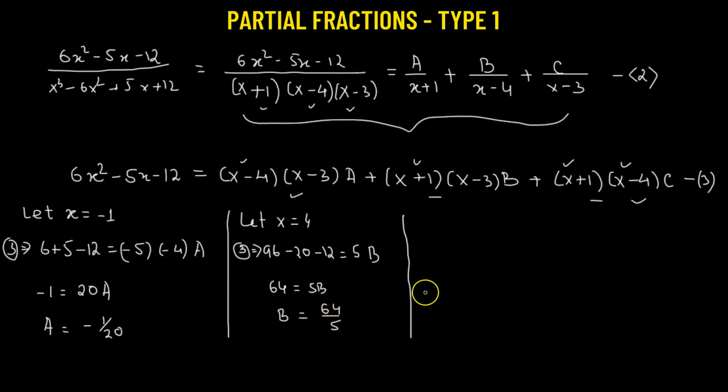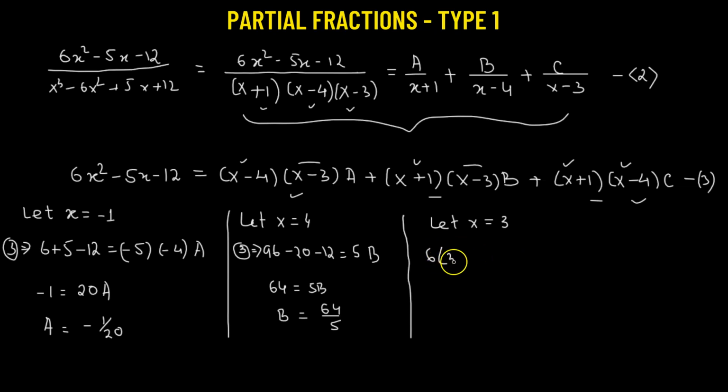Now coming to the third part, we're going to choose the value of x in such a way that the first and the second term go to 0. Here we can see that if we take x minus 3 equals 0, or x equals 3, then the first term and the second term go away. We'll be left with only the third term, which will help us calculate the value of c. Now let's substitute this value.